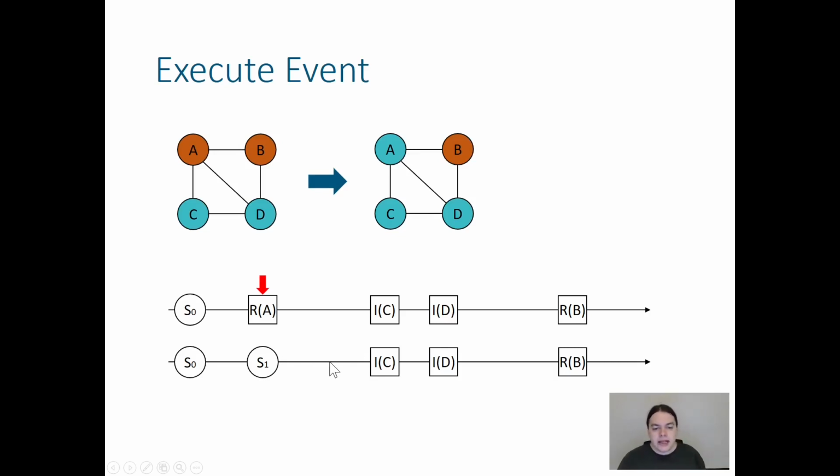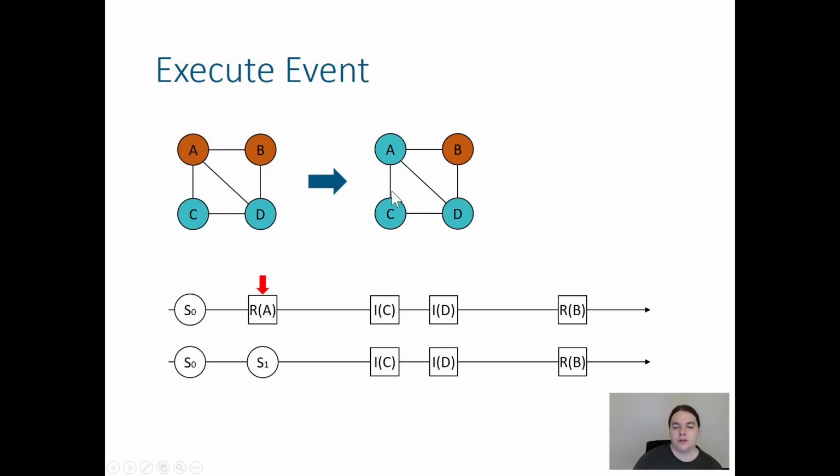One might think that the way to proceed would be just to execute the next events now, but that would be a mistake, because if we look at C, they can now no longer get infected. And if we have a look at D, their infection rate will have changed because they have one fewer infectious neighbor.